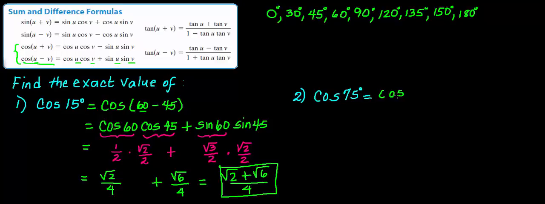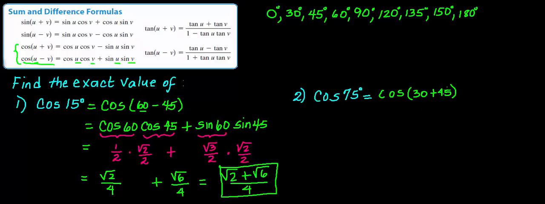So for example, I can rewrite cosine of 75 degrees as the cosine of 30 plus 45. That's one option. You can have other options, but I'm going to keep this one because this is in the first quadrant and it's easier for me because of the signs.